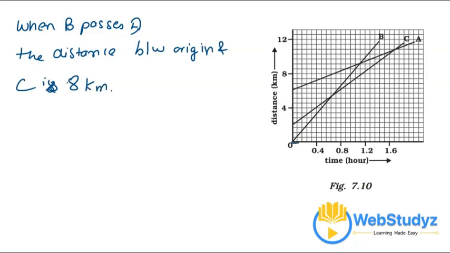We can see here after B is passing A. So this is the distance, that is 8 kilometers.